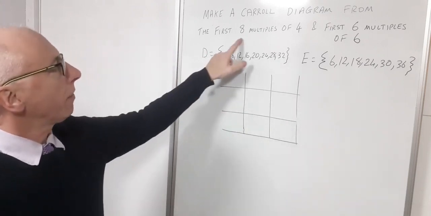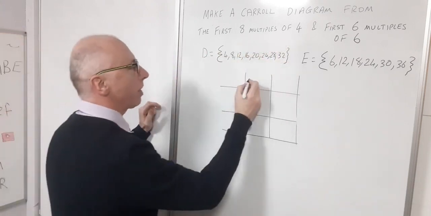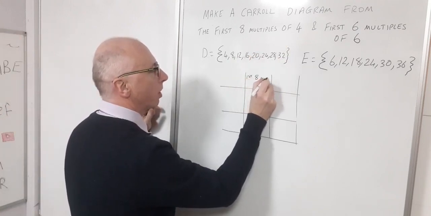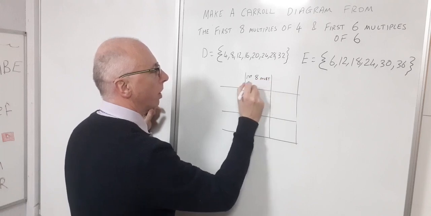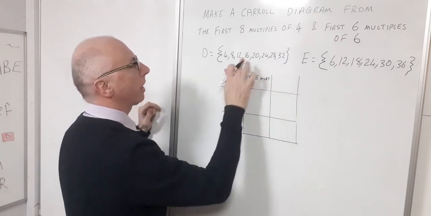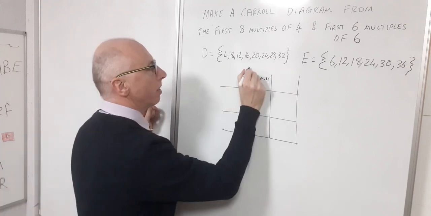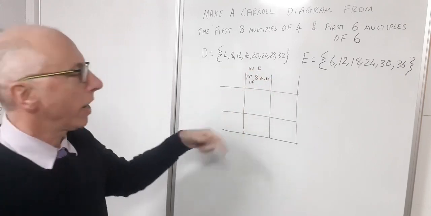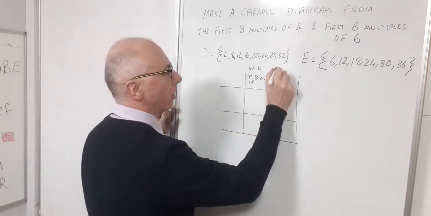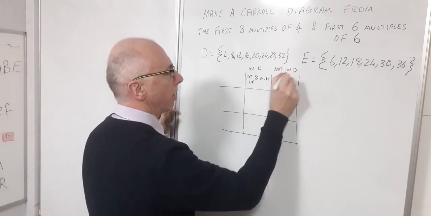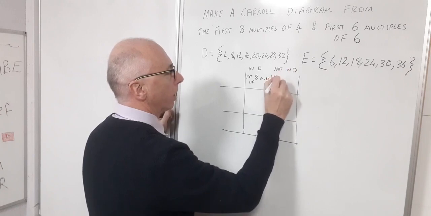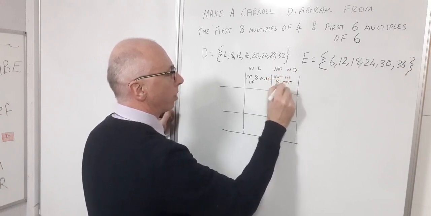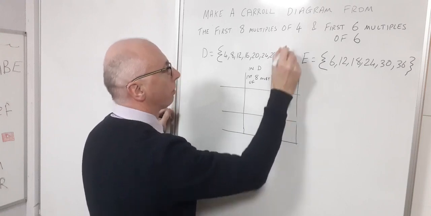Okay, first 8 multiples of 4. So I write this at the top. So the first 8 multiples, so I just write mult of 4, basically set D. So this is in D. And then on this side, I just write the opposite of that, basically not in D. So not in D and not first 8 multiples of 4.